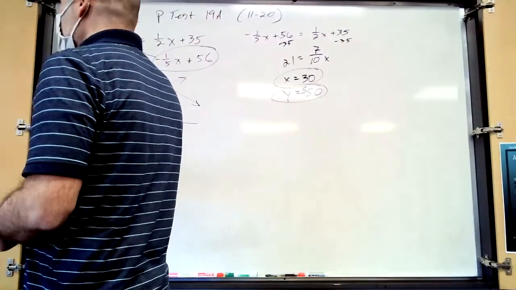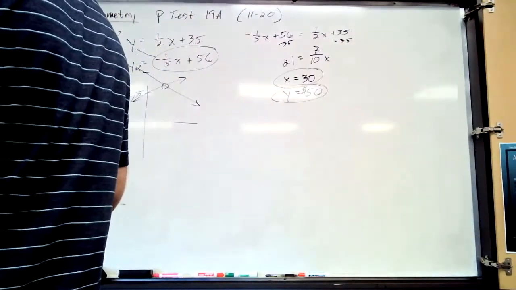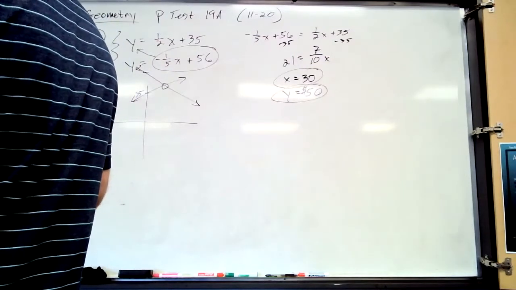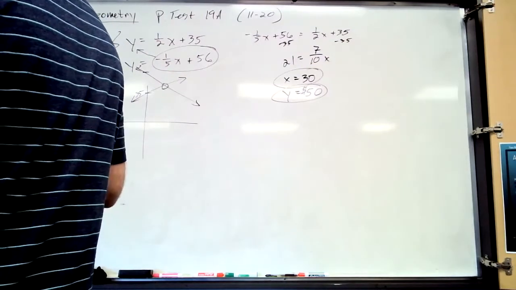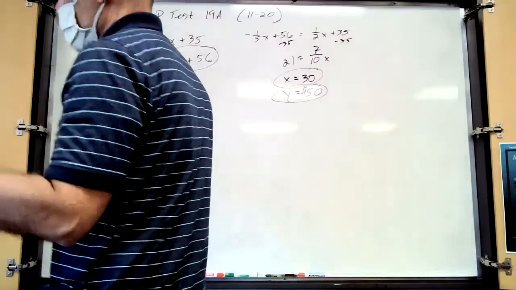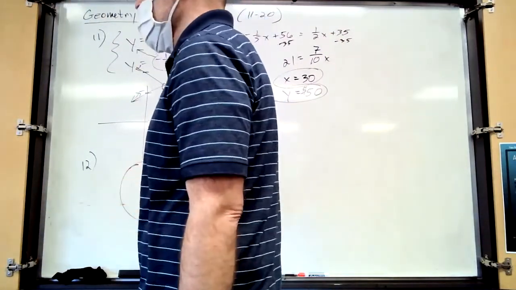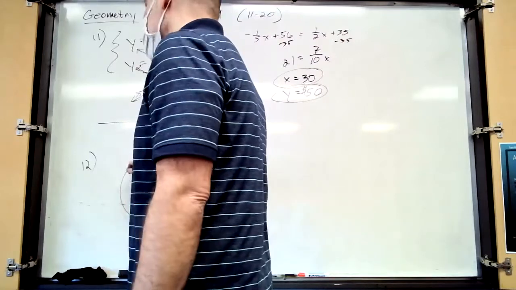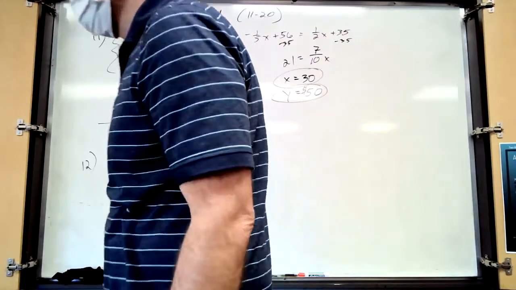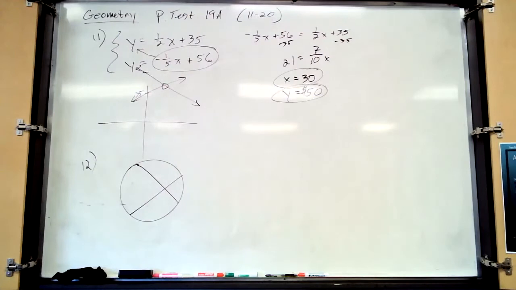All right, number 12. In the circle below, use the expressions for the segment lengths and write and solve an equation for x. So what do we know about these? Well, this is nice because it's all proportional. Okay?